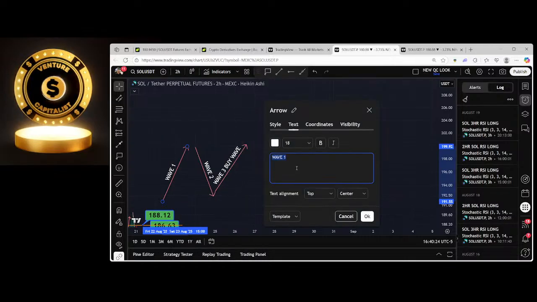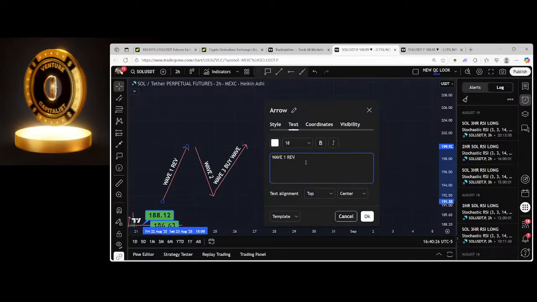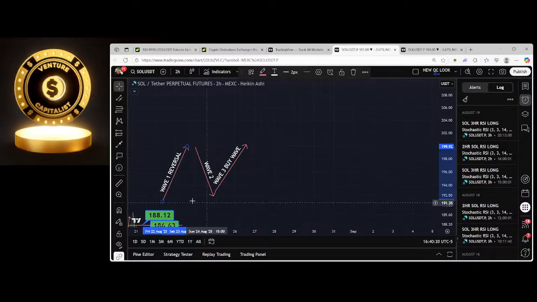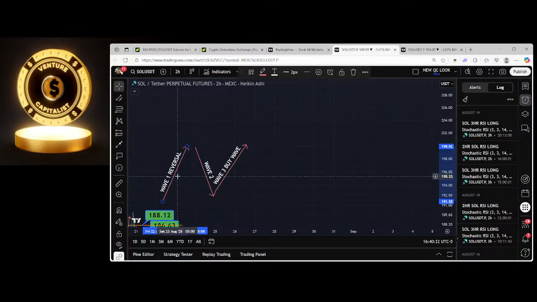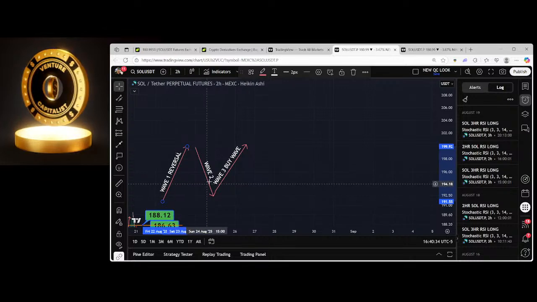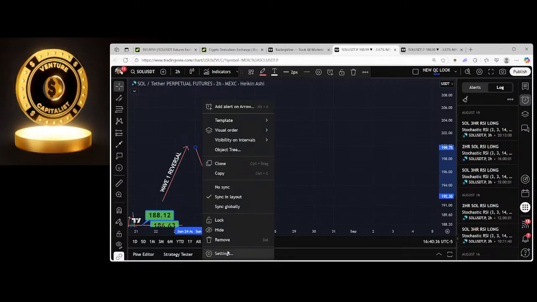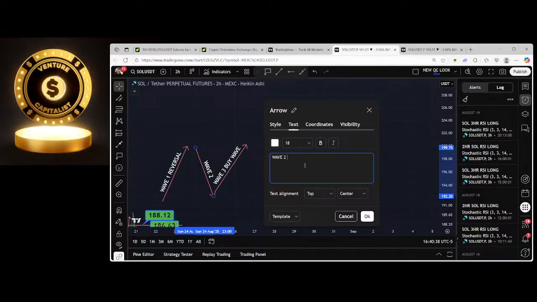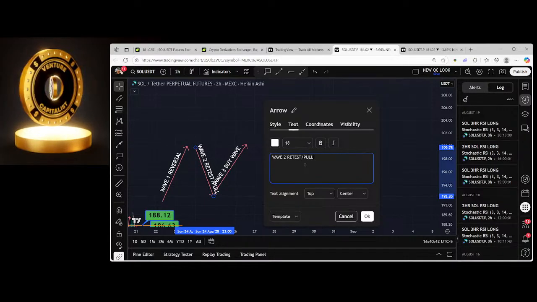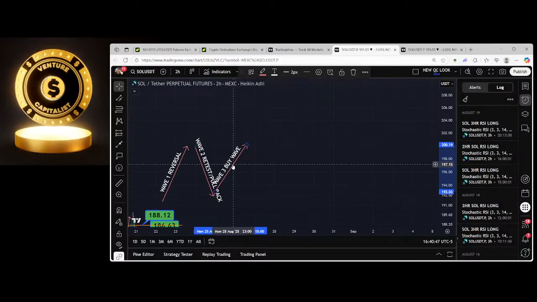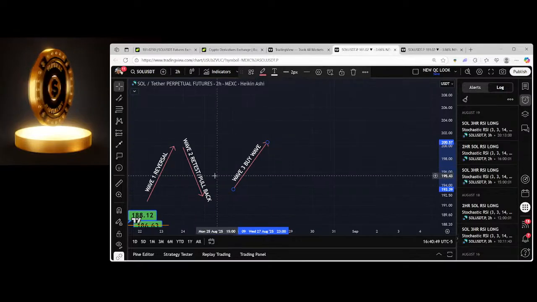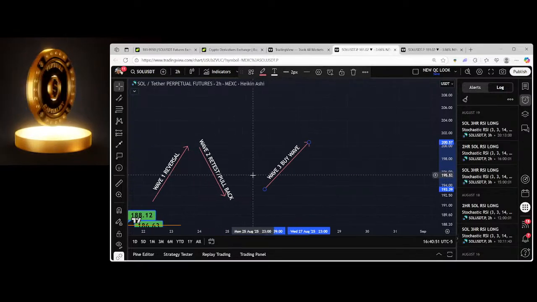Okay, and wave 1 is just the reversal of what the market is currently doing, right? Wave 2 is the retest slash pullback. Okay, and wave 3, that's our buy wave.